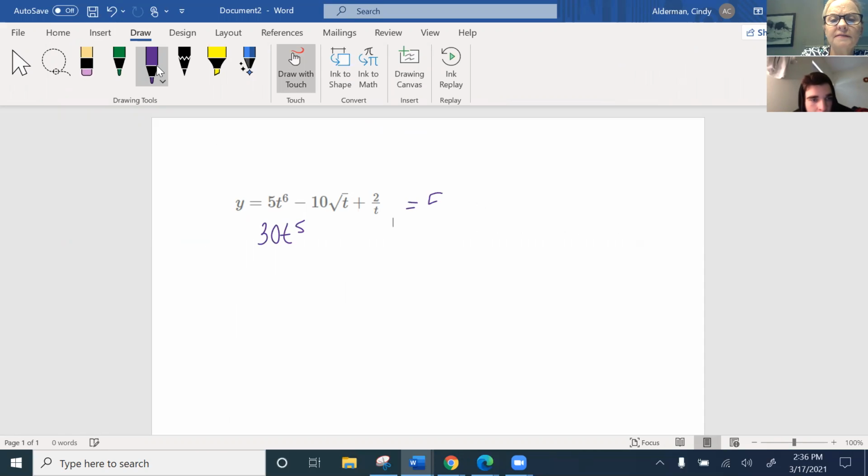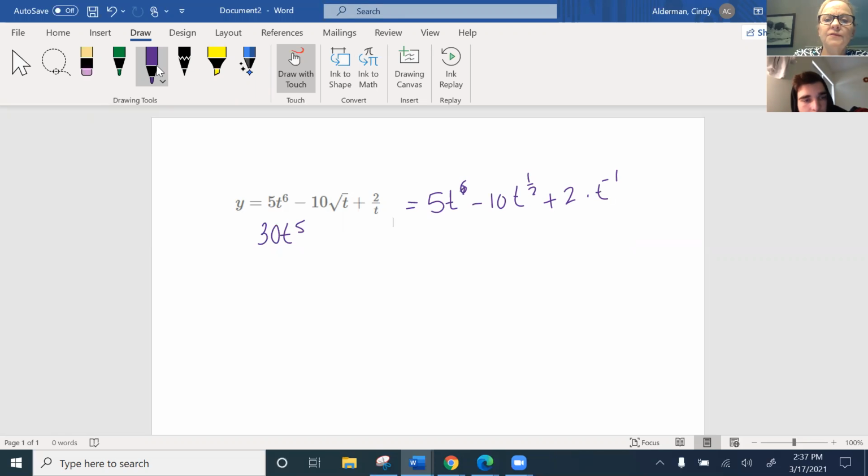Actually, let's just rewrite this. This is like 5t to the sixth minus 10t to the 1/2 plus 2 times t to the -1 power. Okay. So 1 over t is the same thing as t to the -1. Gotcha.